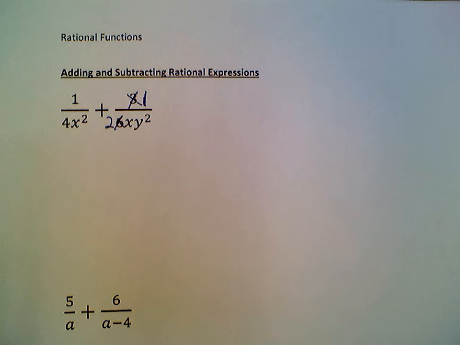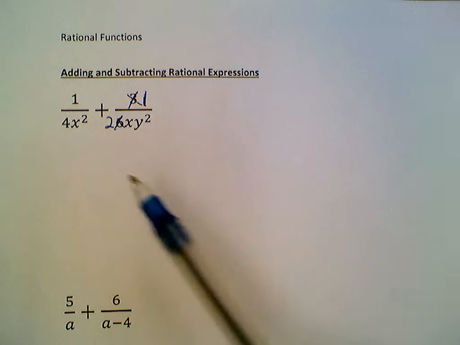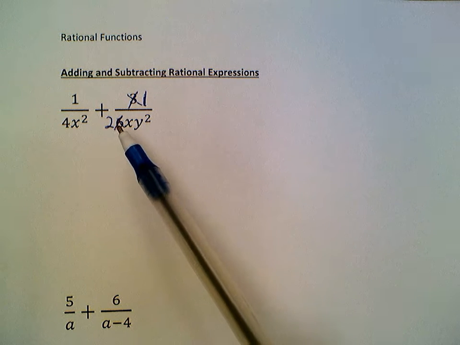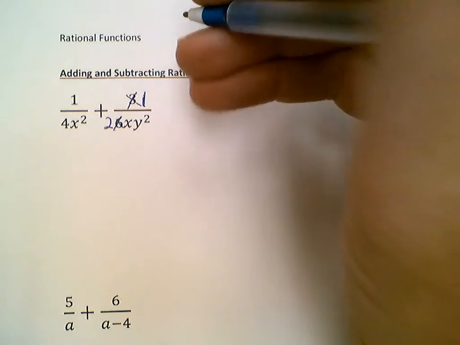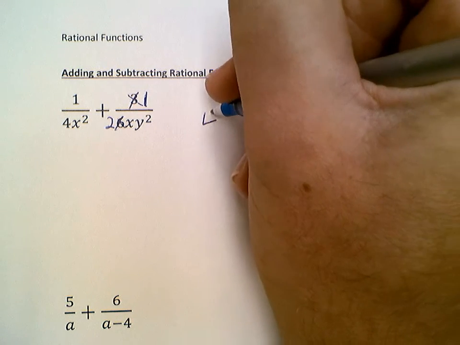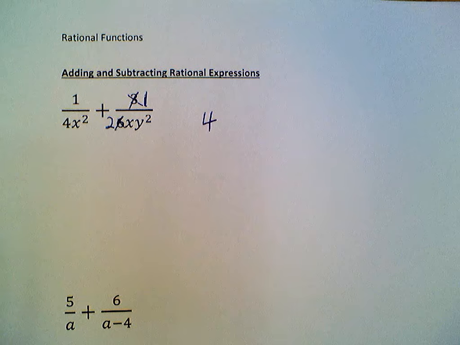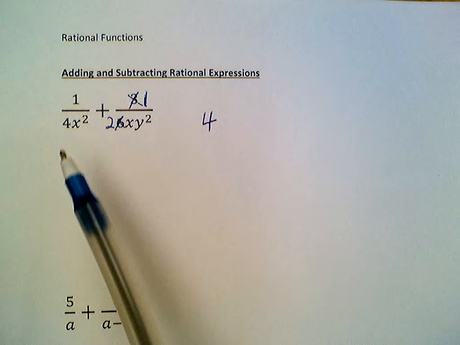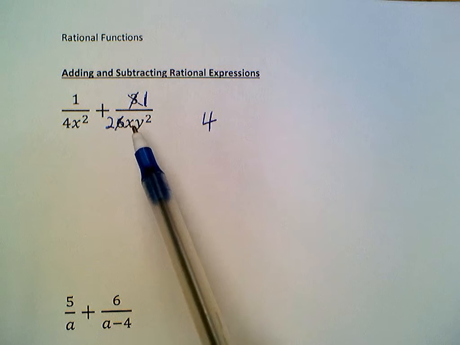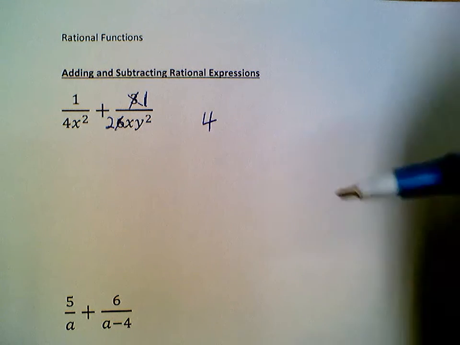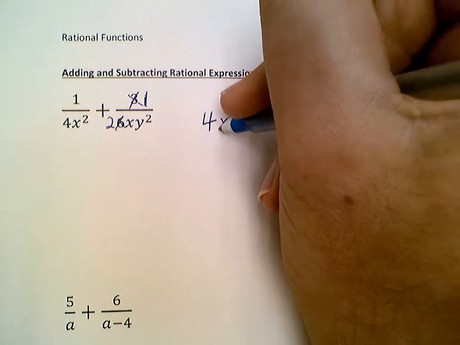I'm just going to take this one step at a time. I'm going to start with looking at the coefficients in each denominator. I've got a 4 in the first fraction, a 2 in the second fraction. Obviously 2 goes into 4, so my common denominator will have a 4 in it. Then I look at the x's. I've got x to the second in the first fraction, x to the first in the second fraction, so I'm going to need an x squared.